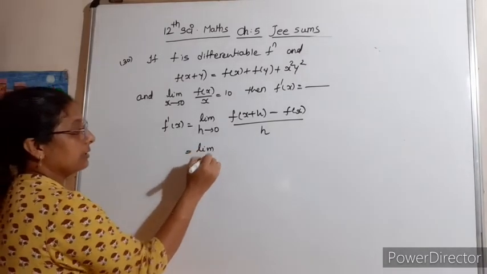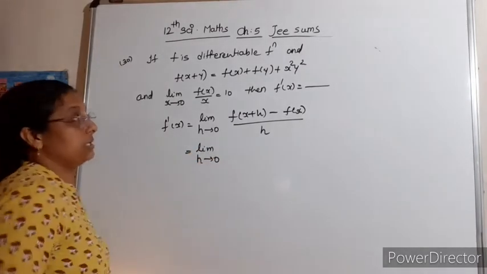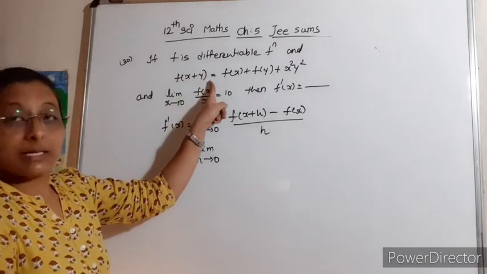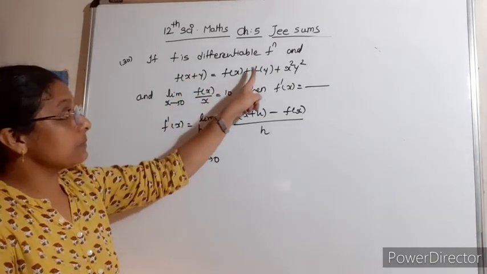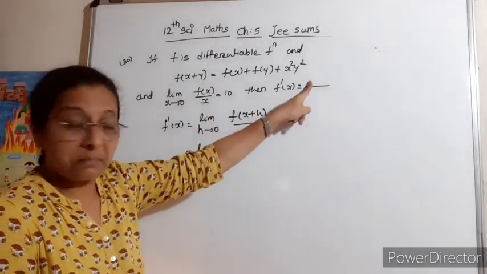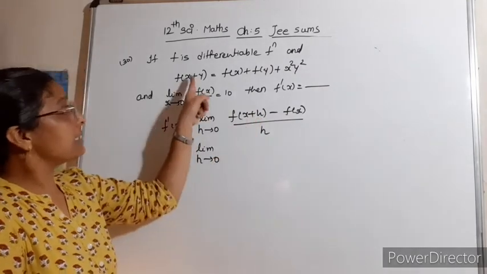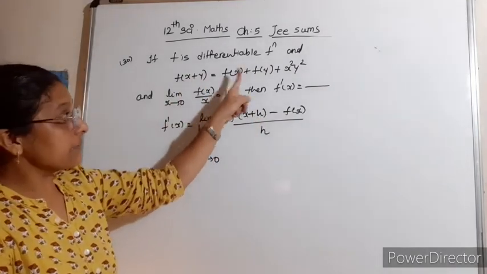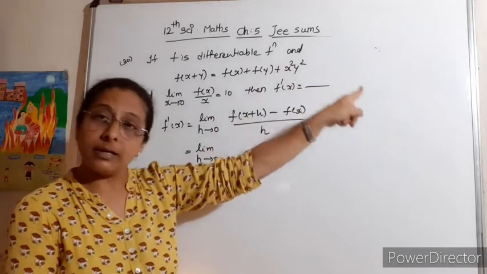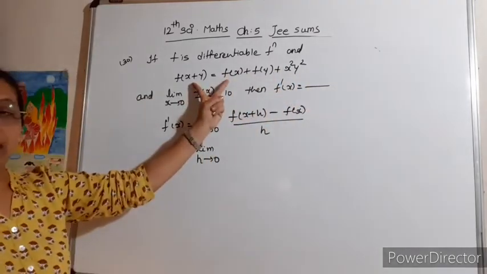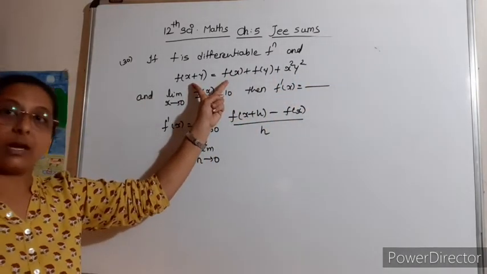Then limit h tends to 0, f of x plus y is equal to f of x plus f of y plus x square y square. So instead of y now it is h: f of x plus f of h plus x square h square. Understood? Here y is replaced by h.